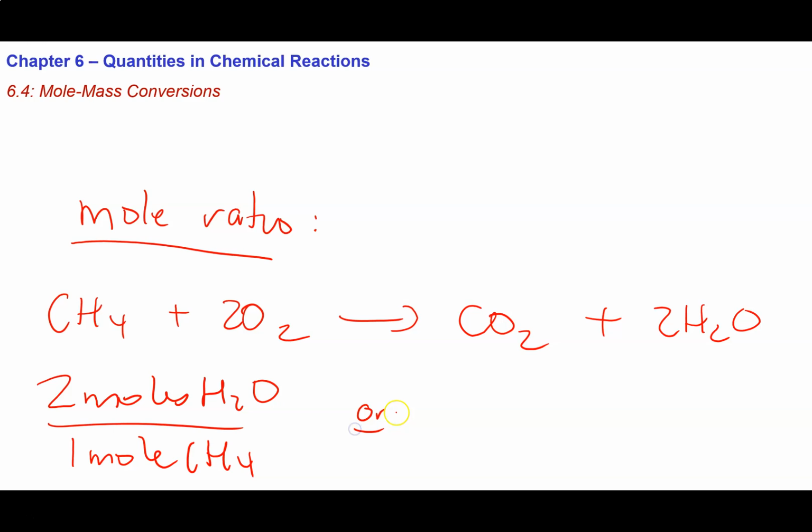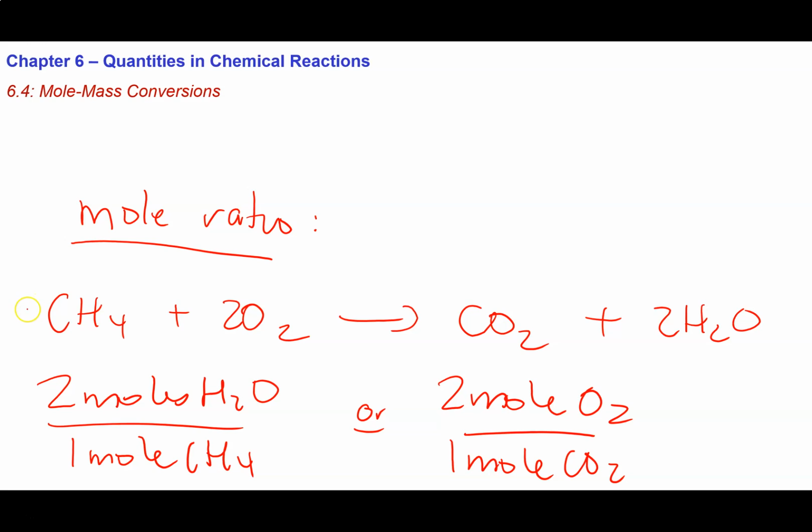Or I could say that I consume 2 moles of O2 for every 1 mole of CO2 that I make. Where I'm getting the numbers from that go into these mole ratios is from the coefficients that appear in my balanced equation. So we're going to take advantage of both of these types of mole ratios, those that we can establish for the atoms that are within a chemical formula, and also those that we can establish from a balanced chemical equation.